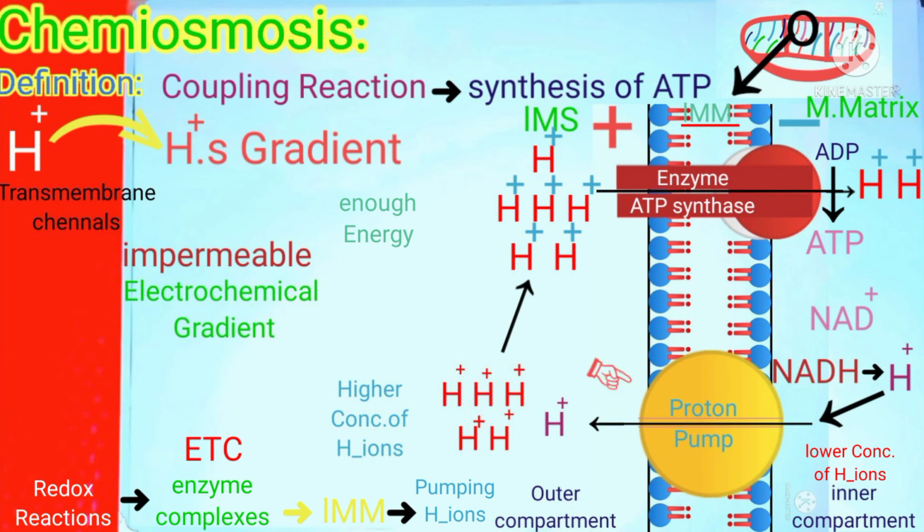Students, these proton pumps utilize the flow of electrons to induce a shape change in this protein. Therefore, it causes these protons to flow out of the inner compartment of the mitochondria, from the mitochondrial matrix into the intermembrane space, and then the rest of the phenomena happens.